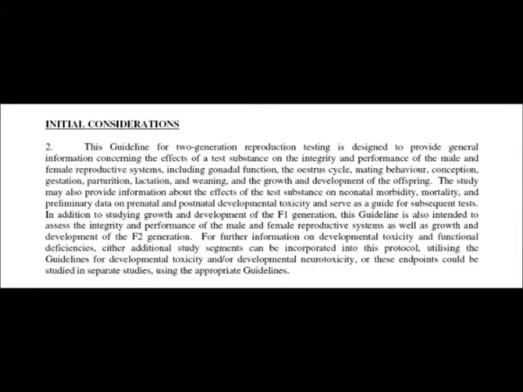The study may also provide information about the effects of the test substance on neonatal morbidity, mortality, and preliminary data on prenatal and postnatal developmental toxicity, and serve as a guide for subsequent tests. So that is what the initial considerations are for this test.